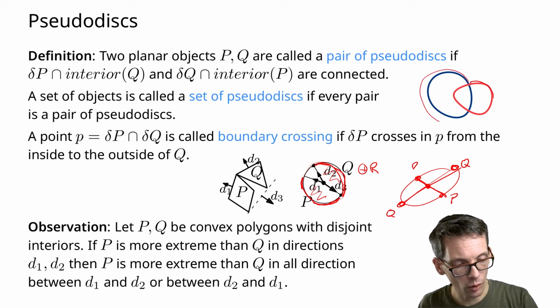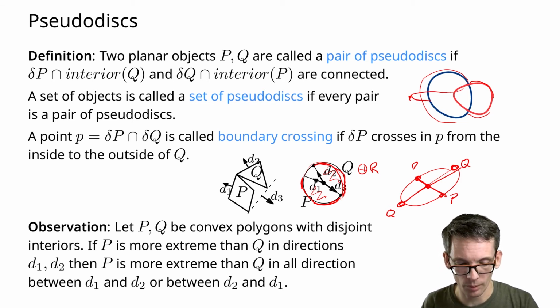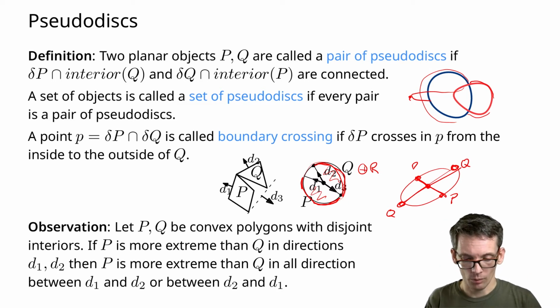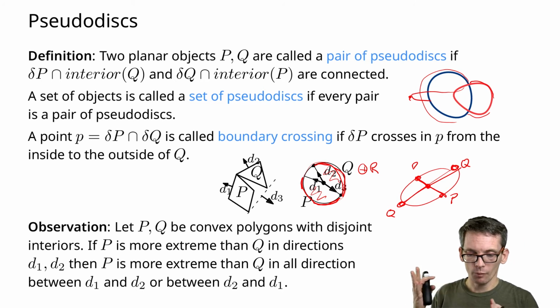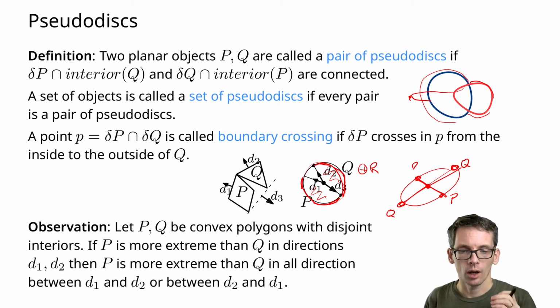Then I can switch over and I can only switch once back. So it cannot happen that the Minkowski sum shows up here again, because then that point would be extreme. Okay, so we now know that the Minkowski sum of P and R and the Minkowski sum of Q and R are pseudodiscs. How does this help us?